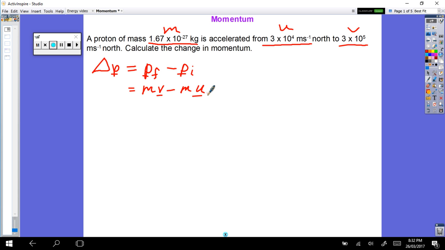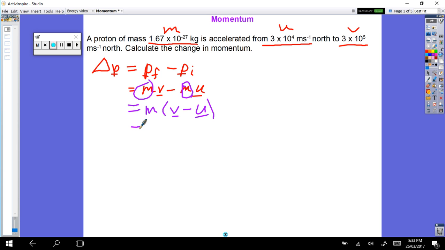Now you'll see various different notations as you go through physics for how to denote a vector. You might notice that we have a common factor here, m and m, so we can take it out. We can write m(v minus u).